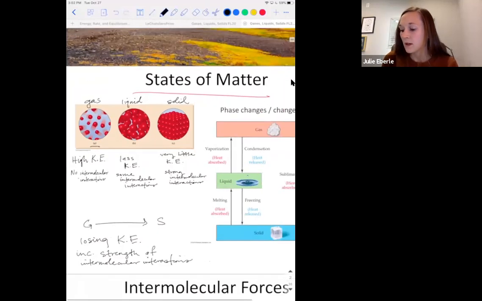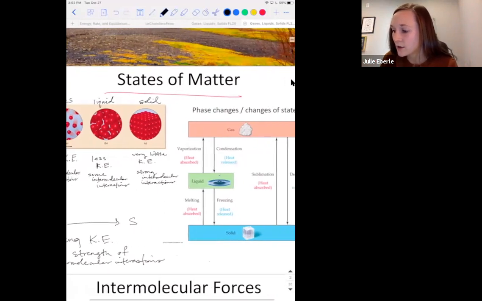Okay. So we've been talking about bonds within atoms of a molecule, like ionic bonds, covalent bonds. Now we're going to talk about interactions, not bonds per se. They're more so just interactions between neighboring molecules instead of within a molecule. All right. So that's this side of the slide.